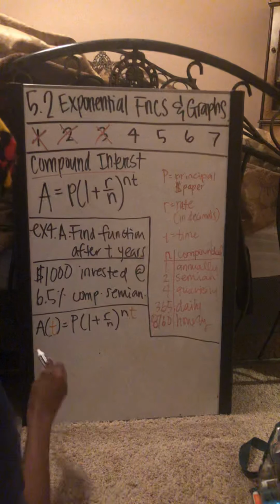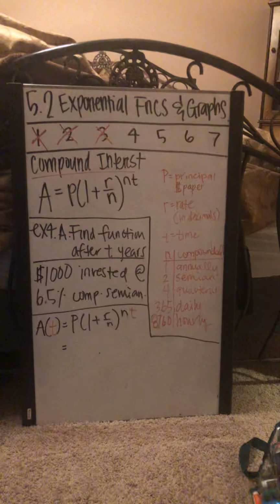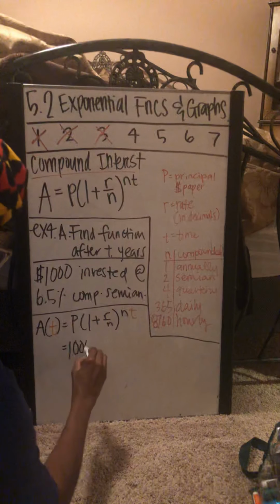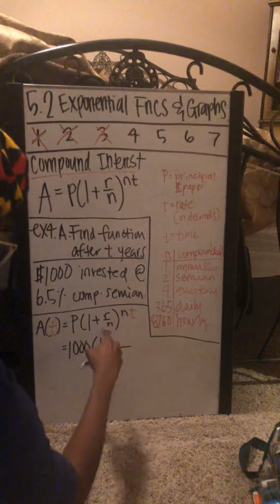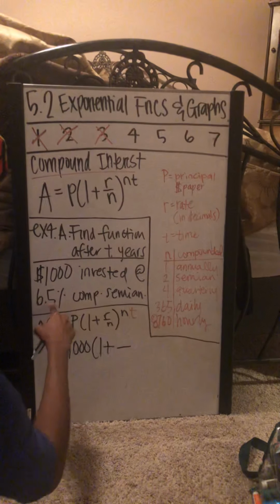The equation. So P is our paper, right? Our initial amount of money, which is $1,000. We still have the 1. We have our rate, which is the 6.5%.